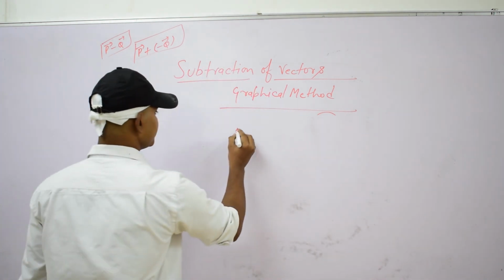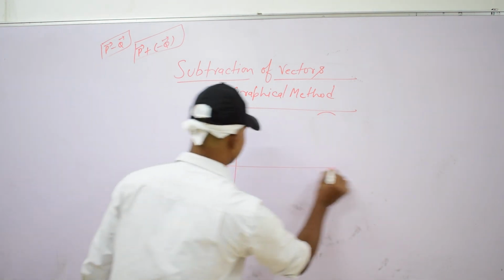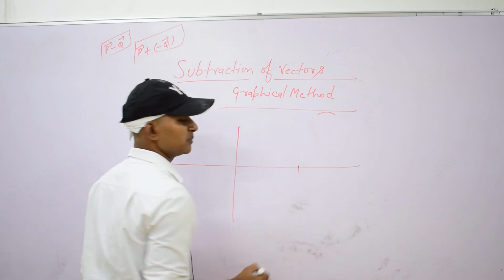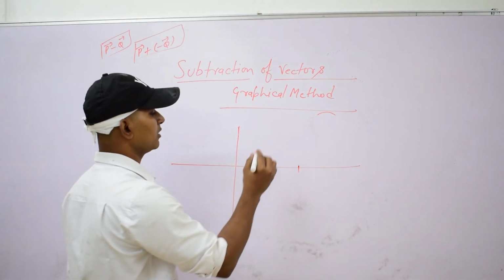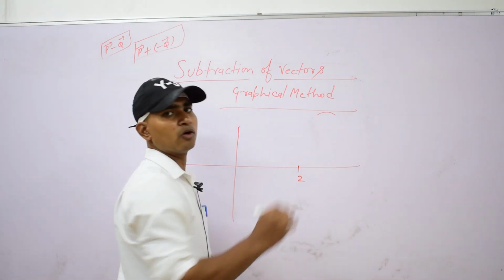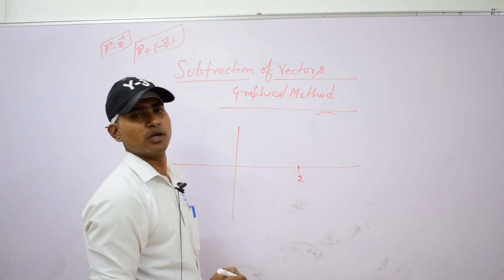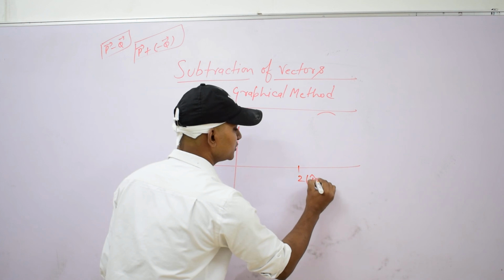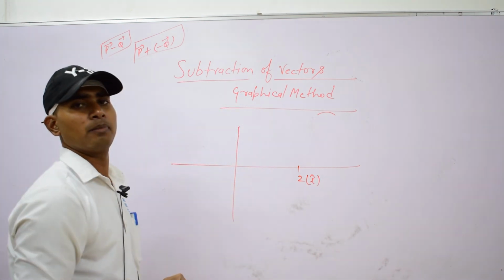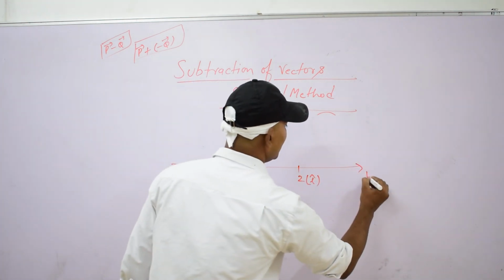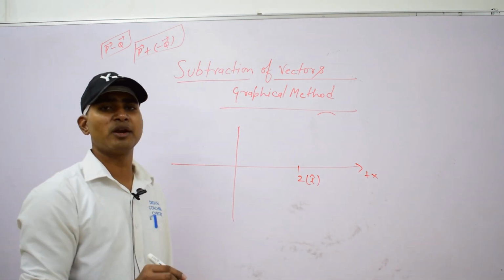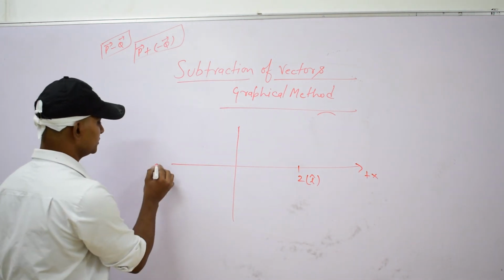Let's suppose the displacement of a particular vector is 2 units along the positive x direction. So if there is a positive x direction, what can we use? We can use the unit vector 2i cap. Okay, so this represents the positive x direction. Same, let's suppose 2 magnitude represents the negative x direction.